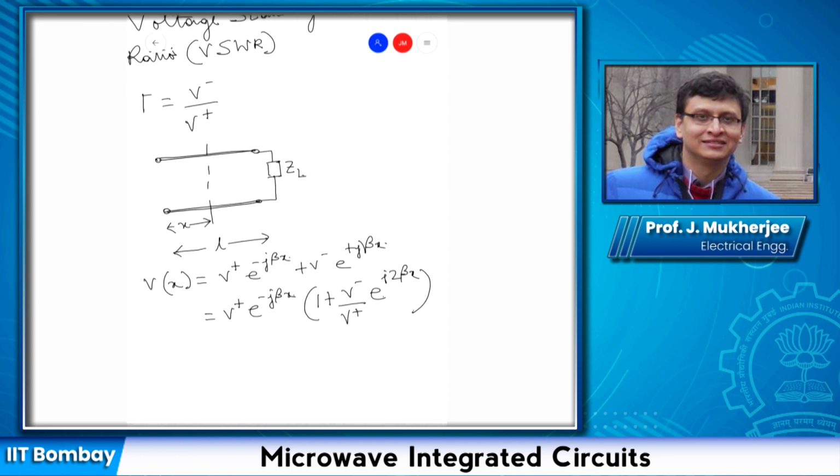Now the maximum value of V of x will be given by, so the maximum value happens when this phase 2 beta x equal to 2 pi, so that these two terms, this term and this term, just add up, and the value will be given by 1 plus V minus upon V plus, and this we can write as 1 plus the magnitude of the reflection coefficient at this point.